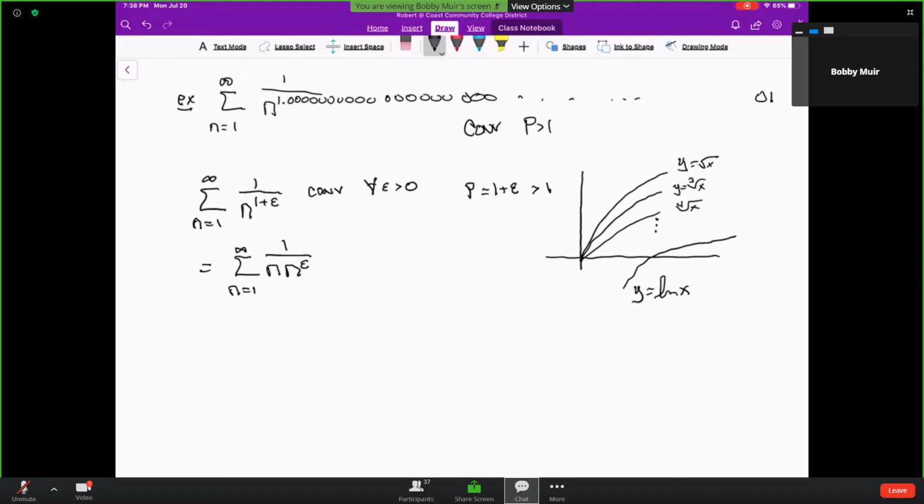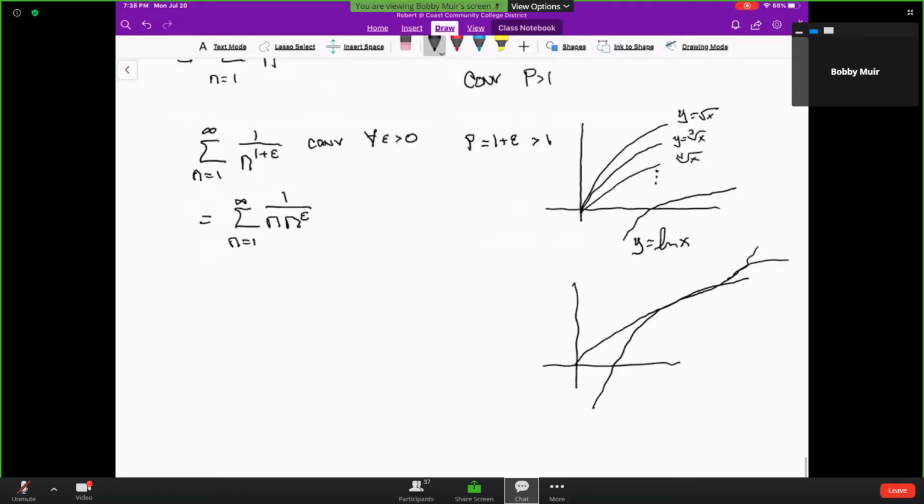If I blow the picture up, it might be that one of these rooting functions hits it, but then it will eventually go past the log, and we were able to show this by L'Hopital's rule.